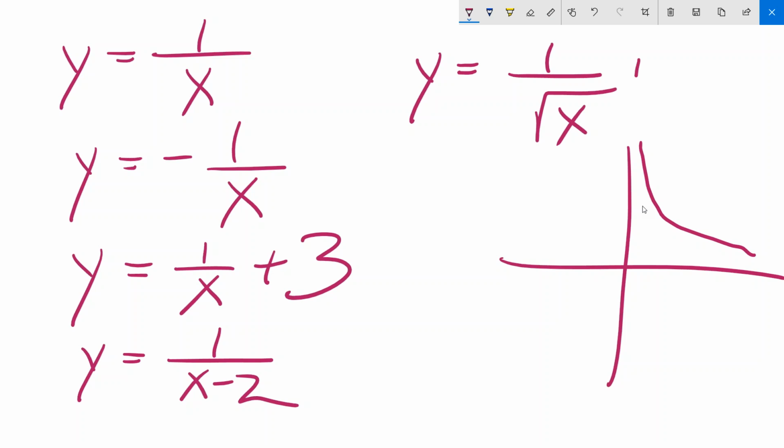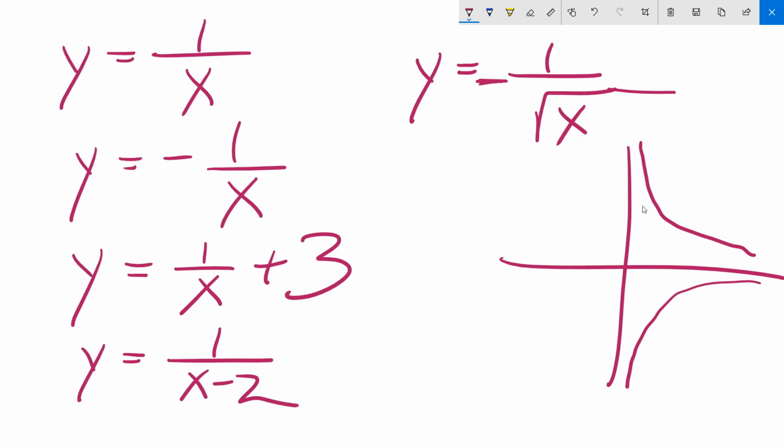If I want to do things like that, that moves it up by 3. If I want to do things like that, that takes this function that I have right here and moves it to the right by 3. If I want to do that, that takes that function, reflects it over the x-axis, so I end up with that.